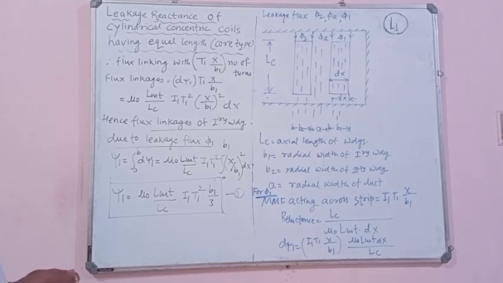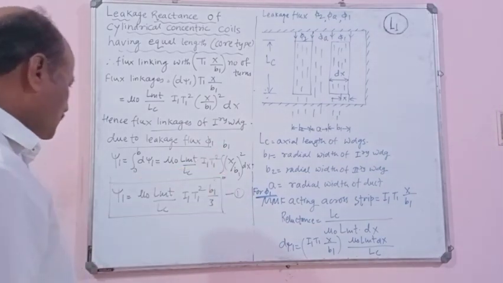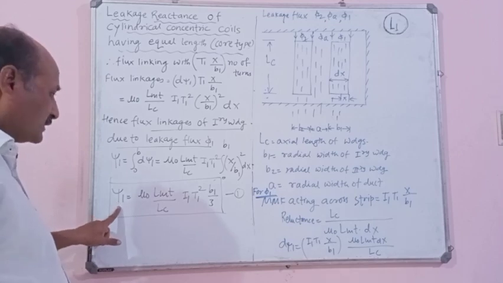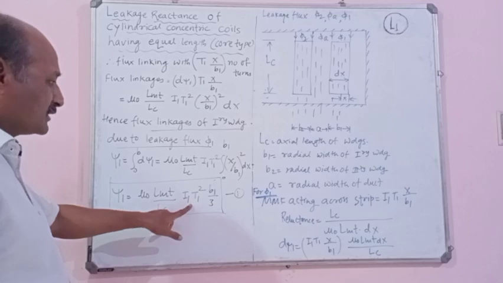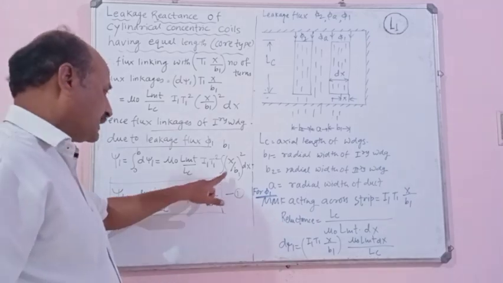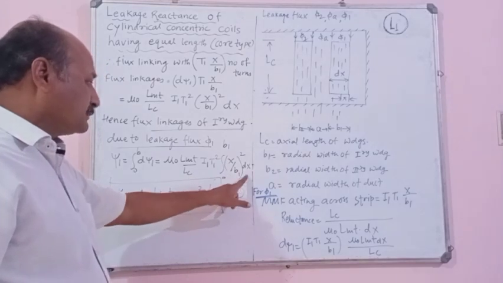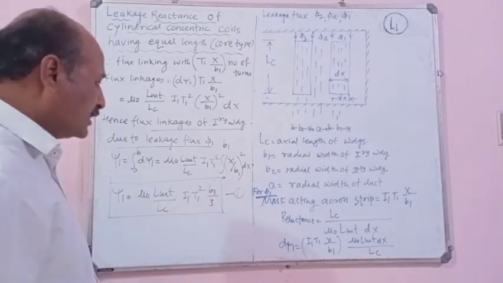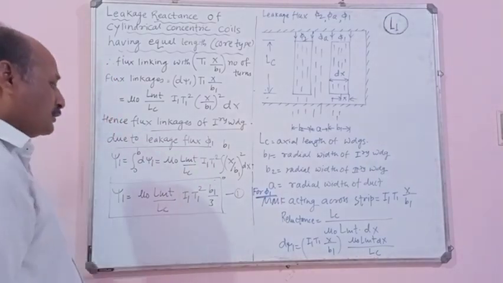So after taking the integration and putting the limit 0 to B1, you will get psi 1 equals mu 0 LMT by LC I1 T1 squared, which is the constant, and after taking the integration of X by B1 whole squared with respect to dx and putting the limit 0 to B1, you will get the value B1 by 3.